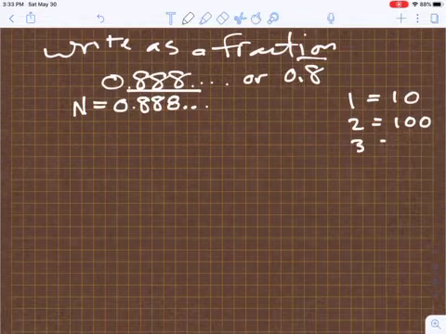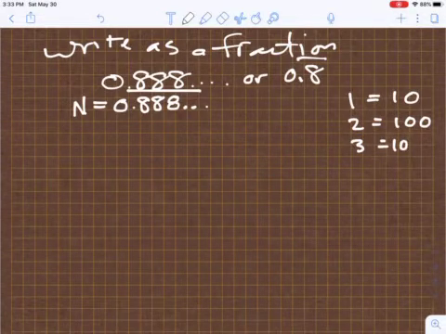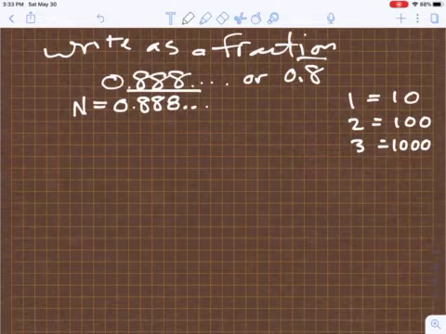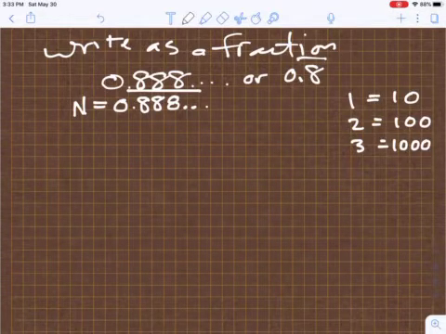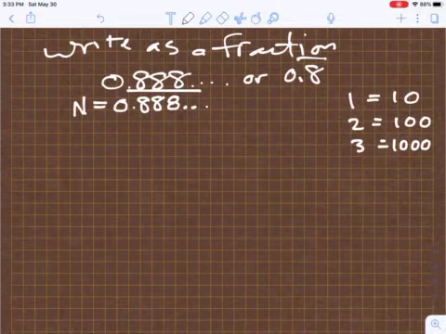If you have 3 digits repeating, you're going to multiply by 1,000. You're getting the idea here, right? So it's basically how many digits do you have to go out past the decimal before it repeats the next iteration of it, right? And I know that this one, you only go one digit out, and then the next one, it's the same thing again. So we're going to multiply both sides in this one by 10.